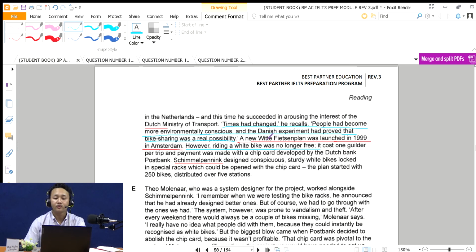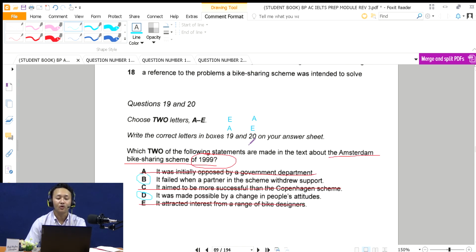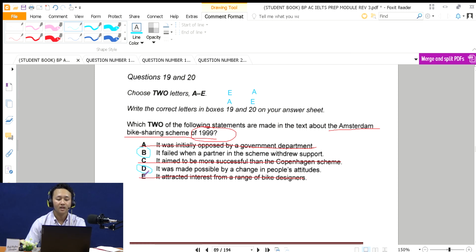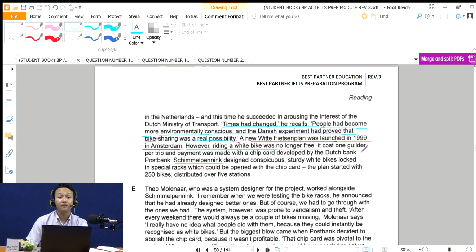So go to the text after you have found the keywords, read the part, read the information, understand it. And after that, go to options A, B, C, D, and E, and then read the options, and then start eliminating the information that is not correlated with the information in here, the location of the information, or the paragraph where you found the information.